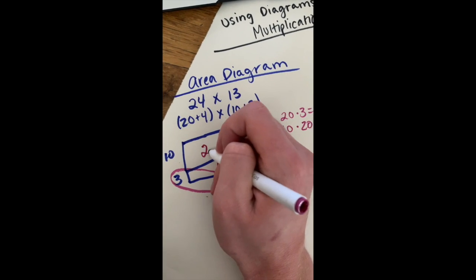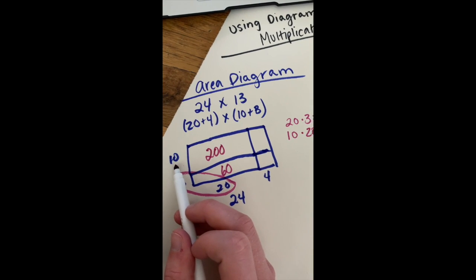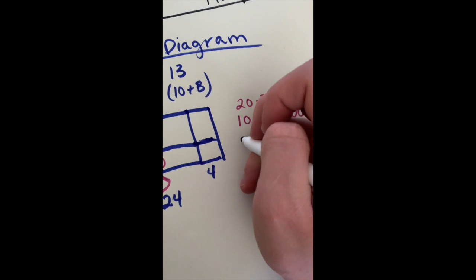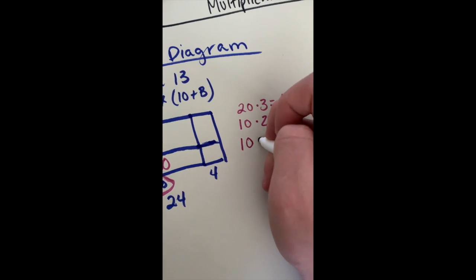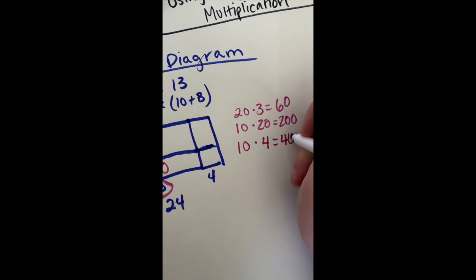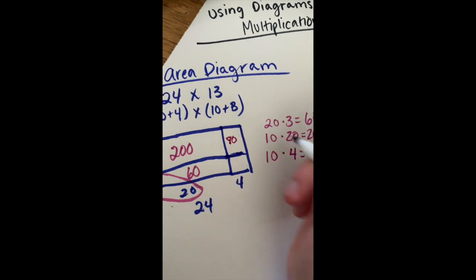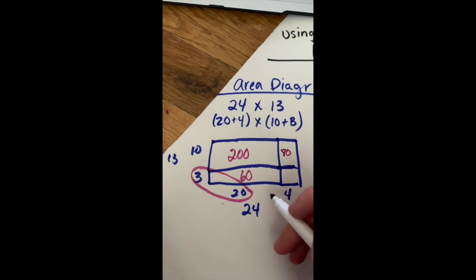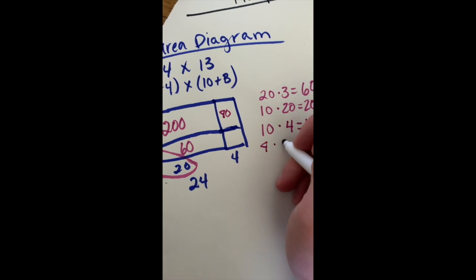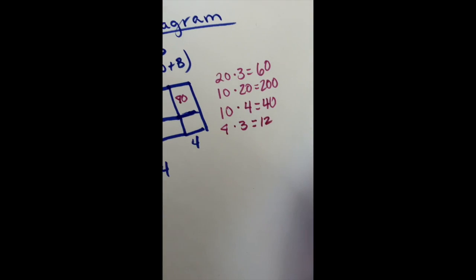So I'll write 200 here. Next, we will do 10 times 4, which would be this square right here, which would be 40. And then our last square right here would be 3 times 4, which is equal to 12.